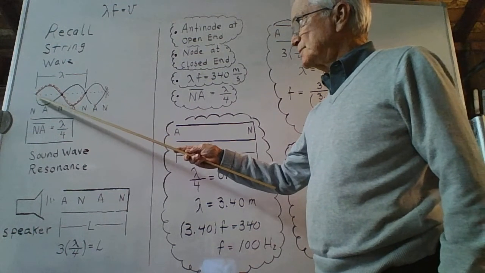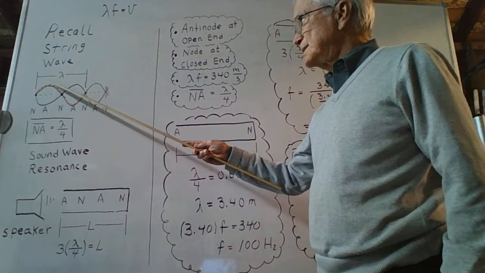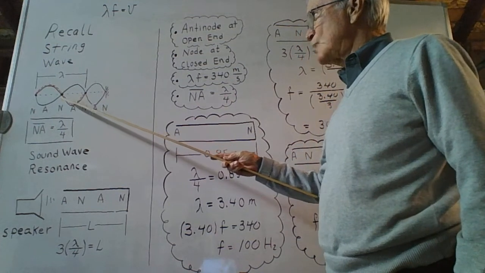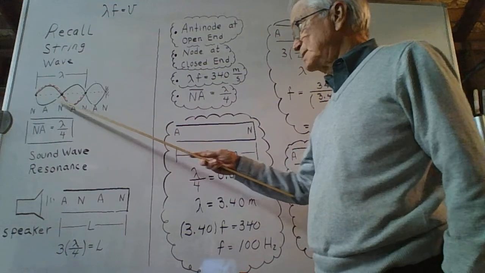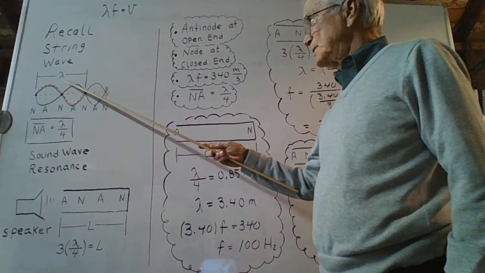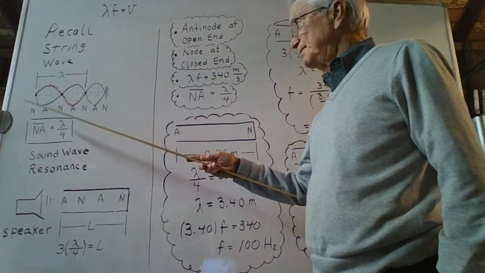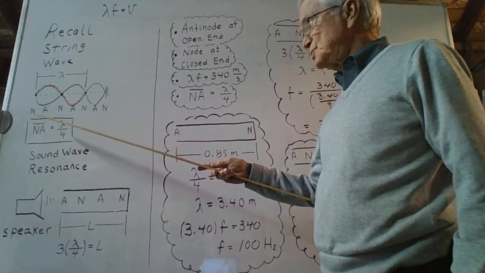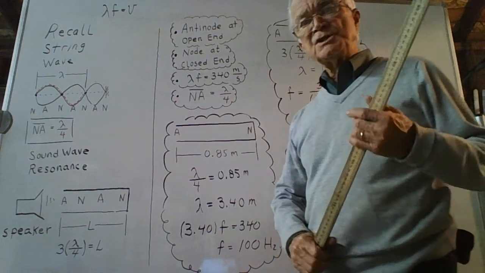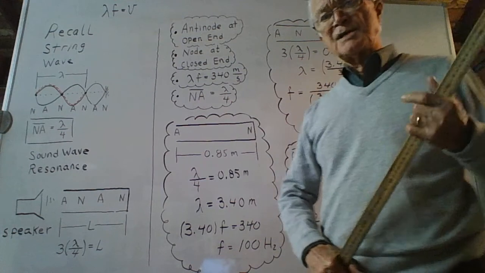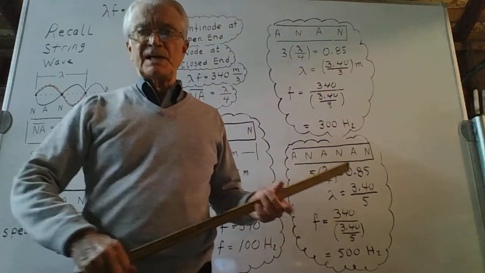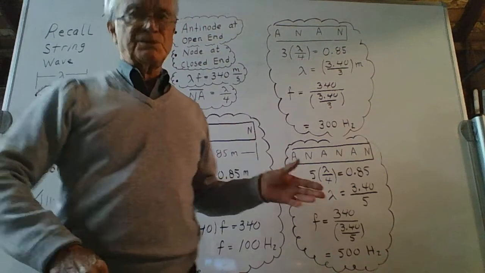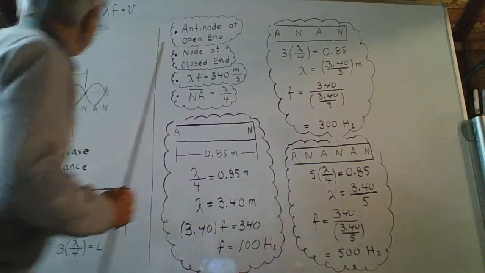Look at the broken red line that envelops one full wavelength. The distance between that point and this point is one wavelength. What I want to point out to you is that the distance between consecutive letters, N to A, or A to N, those are the same values.